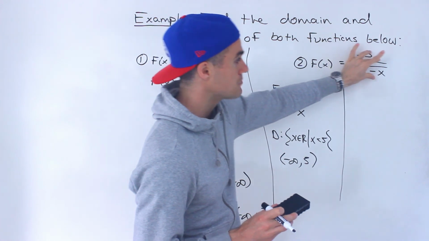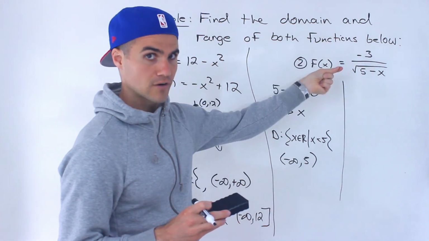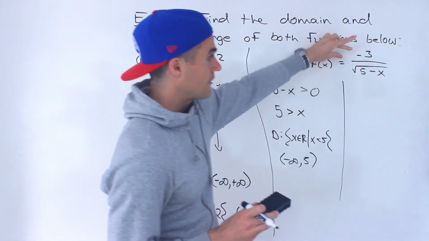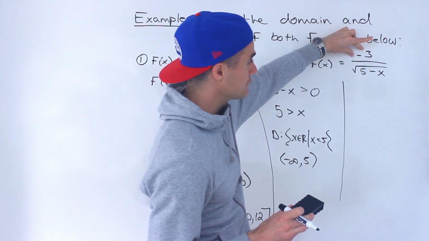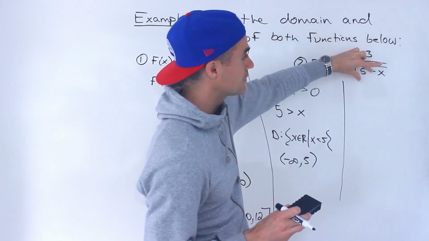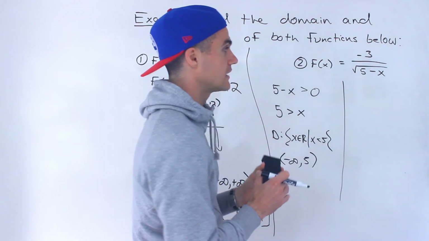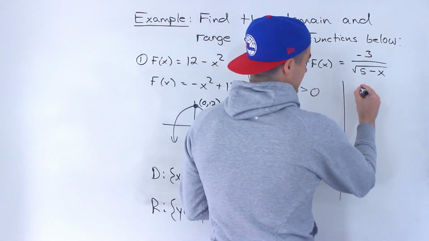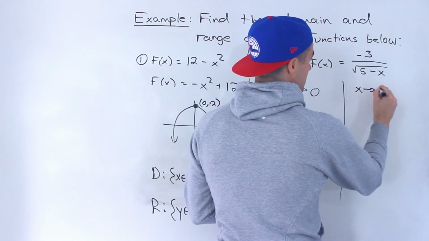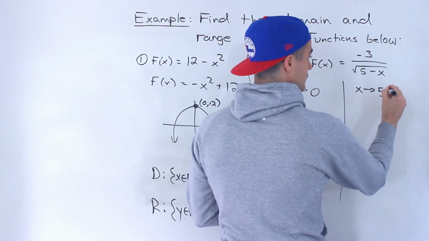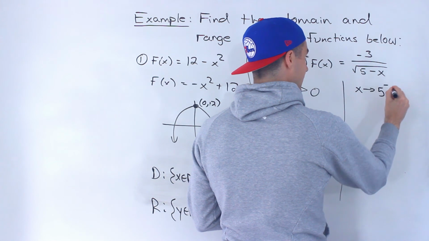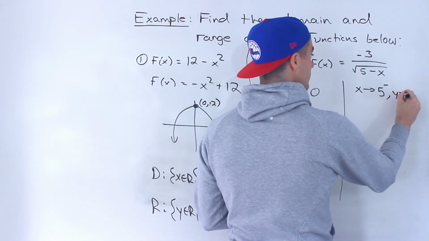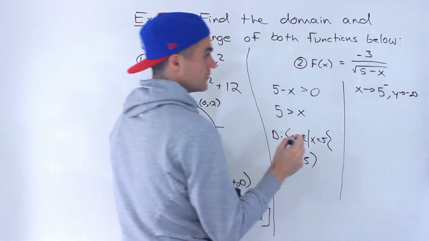The square root of a very small number is another very small number, and then we have a negative number divided by a very small positive number, which gives us negative infinity. So as x approaches 5 from the negative side, the y values approach negative infinity.